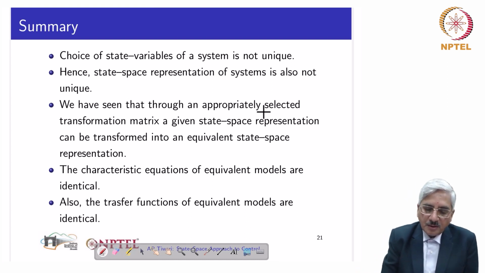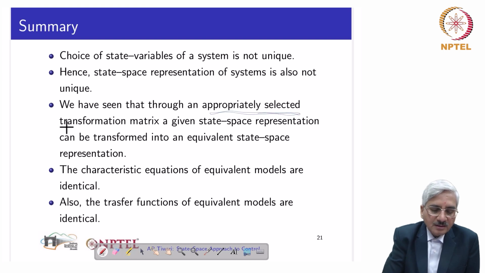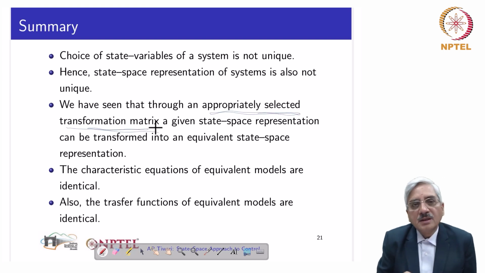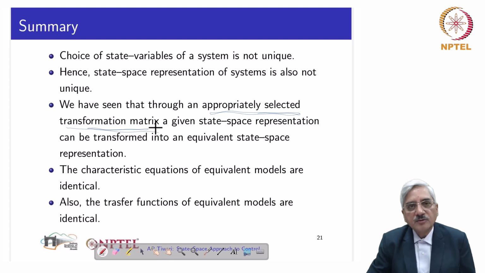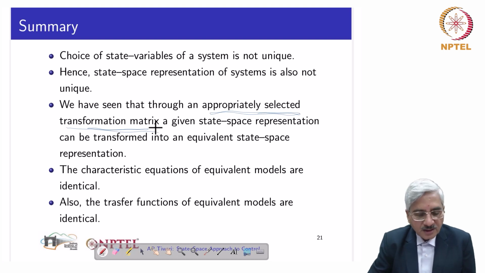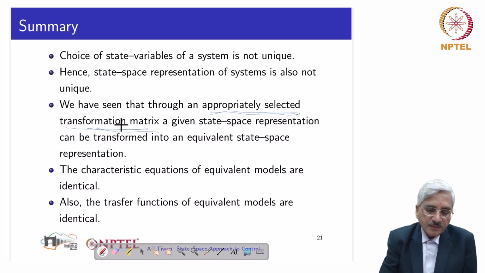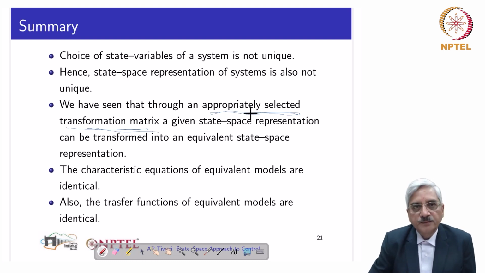And we can also select a similarity transformation, a non-singular transformation matrix T, and through that, as we saw in the initial portion of this lecture, we can always obtain different state space representations if we have different transformation matrices.